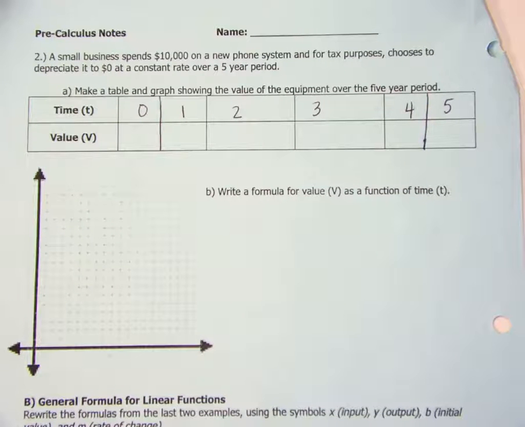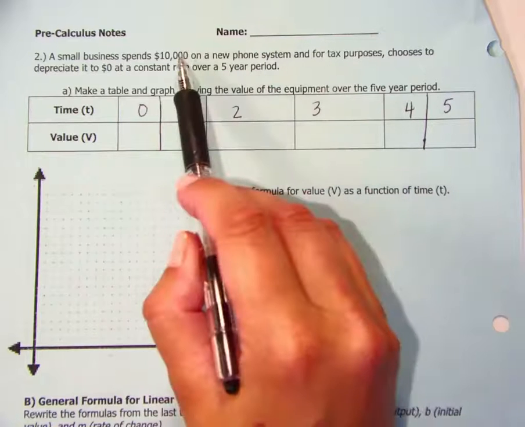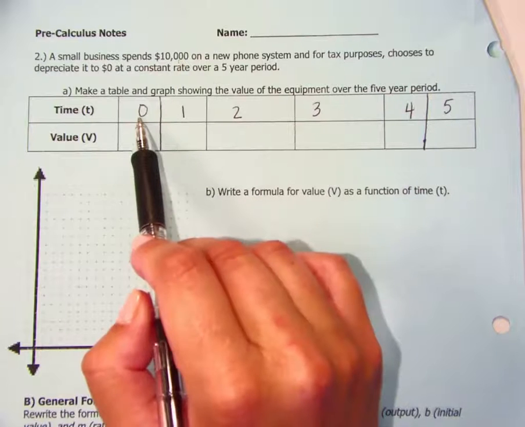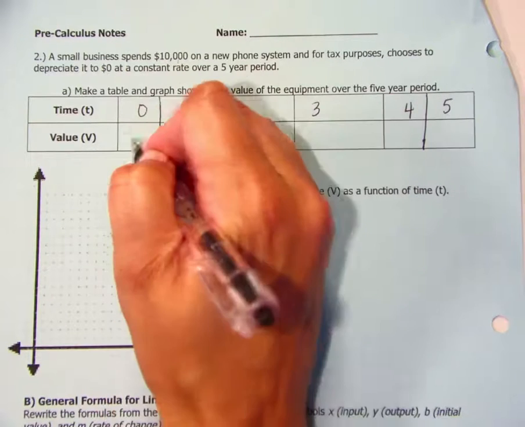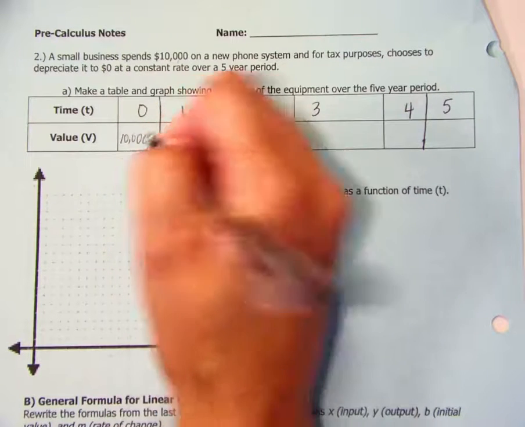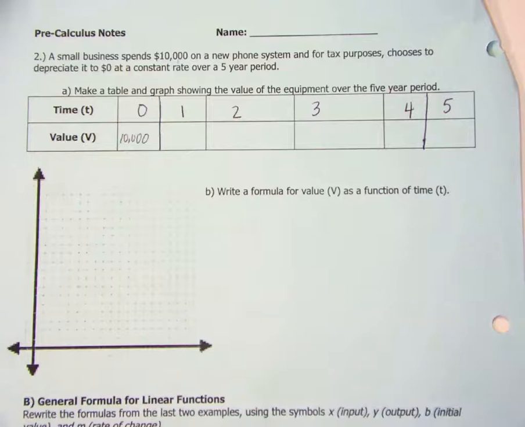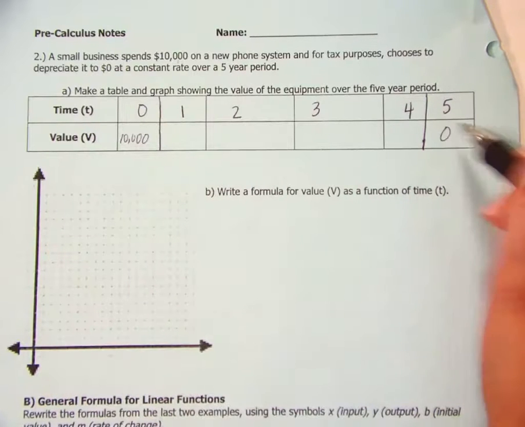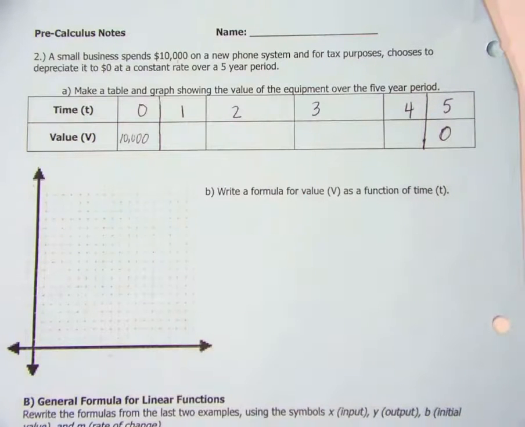Now, what we have to think about for a minute is this. It starts at a value of $10,000. So when we get this equipment right away, its value is that initial $10,000. And then it depreciates after 5 years to 0. So that's what we know.